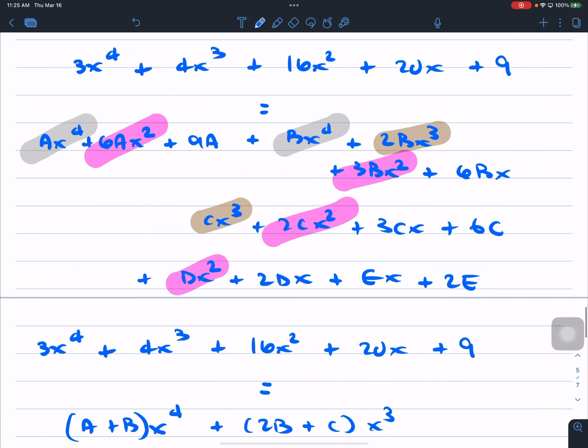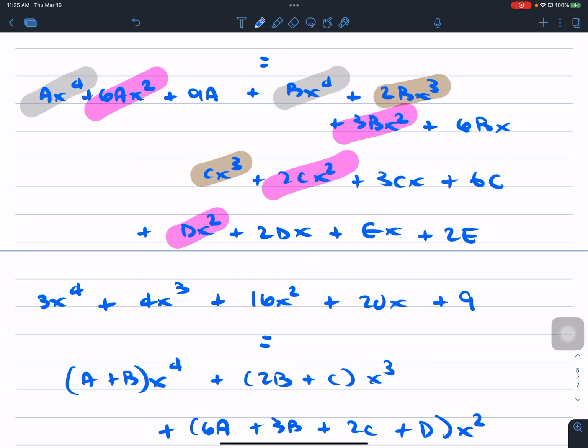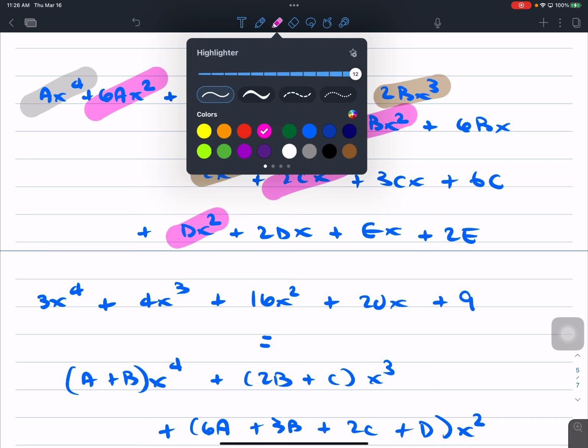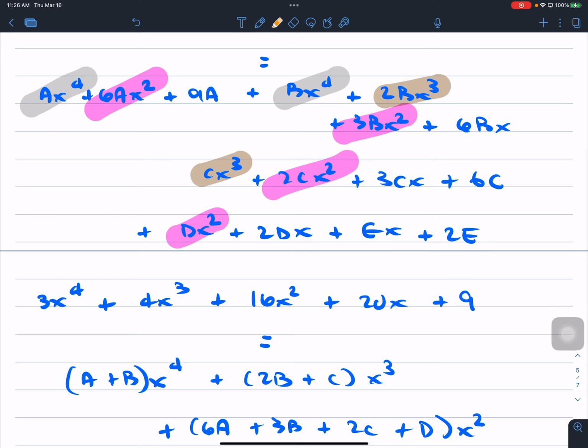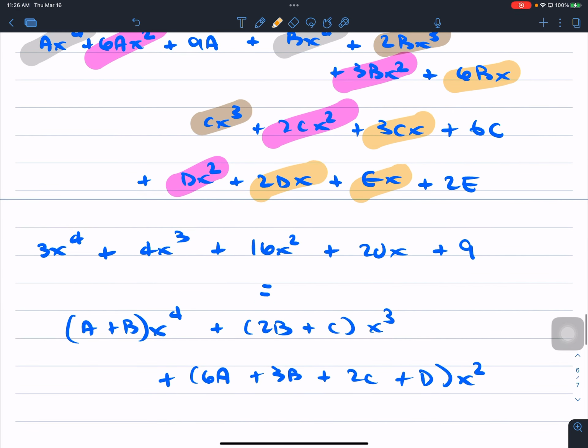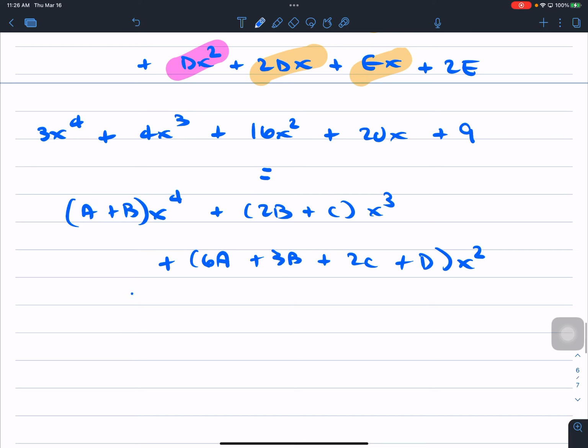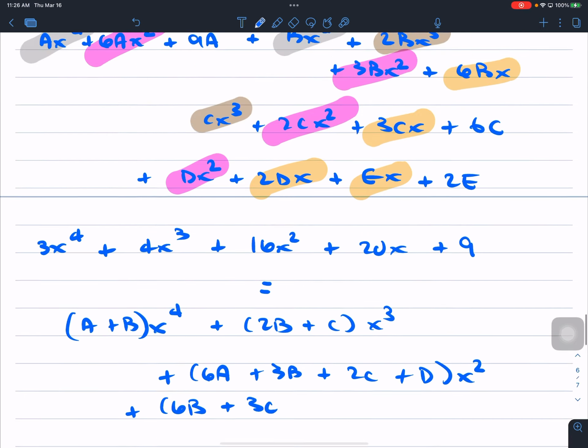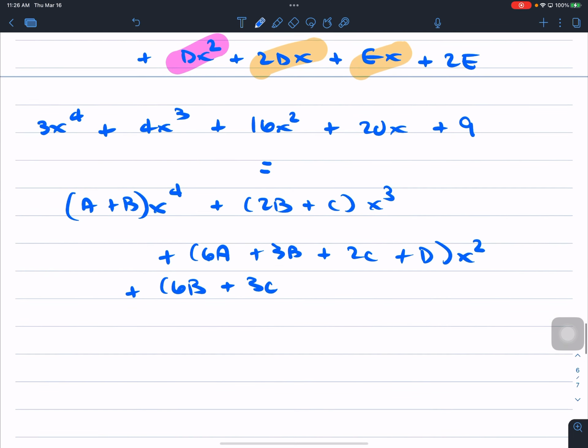All right, let's do the linear term now. 6bx, 3cx, 2dx, ex. So we're going to say (6b plus 3c plus 2d plus e), and now that's x.